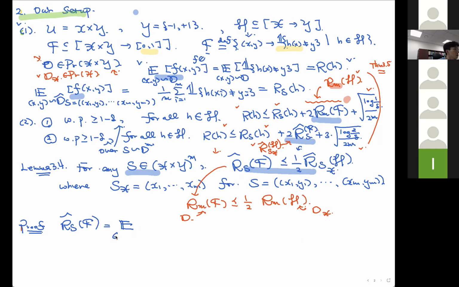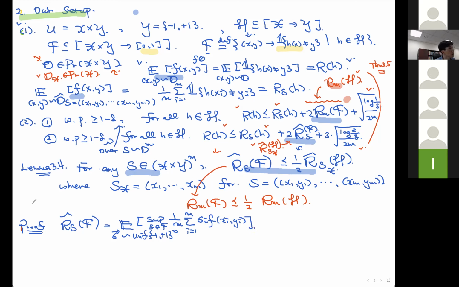Rademacher variables sigma are uniform over -1 and +1, and we take the supremum over f in F of 1/m summation i equals 1 to m of sigma_i f of (x_i, y_i).